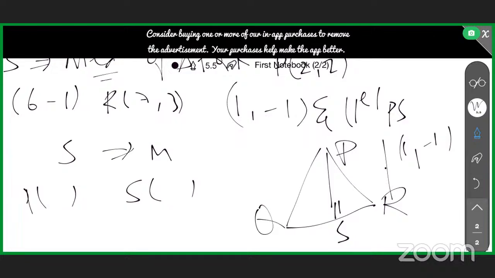So did you get the answer? One minute. Sir, is it 2x plus 9y minus 22 equal to 0? 2x plus 9y is correct.